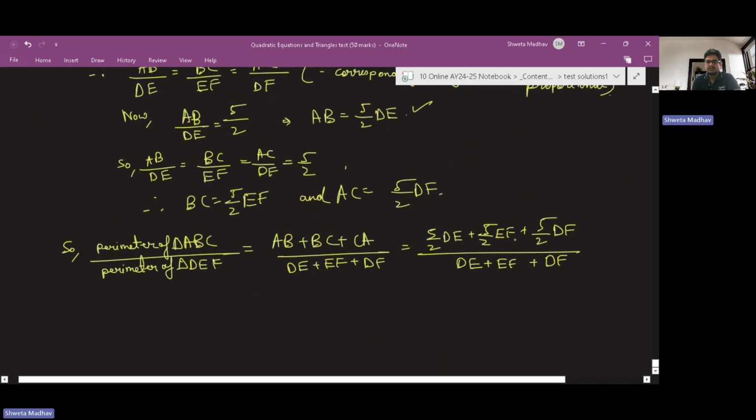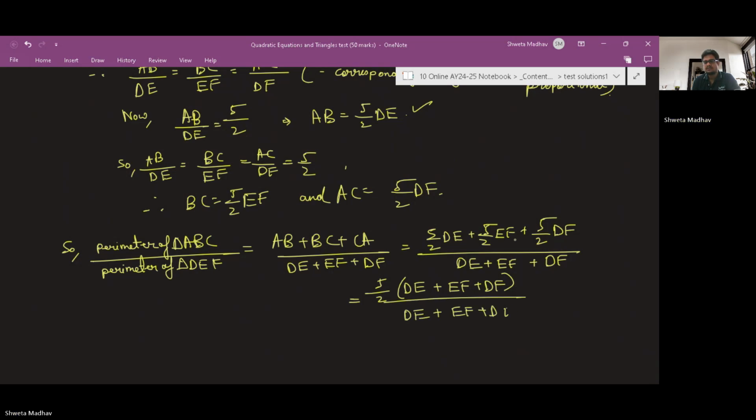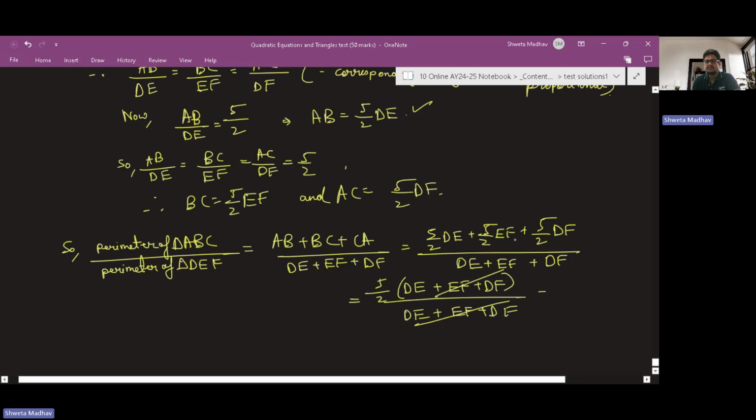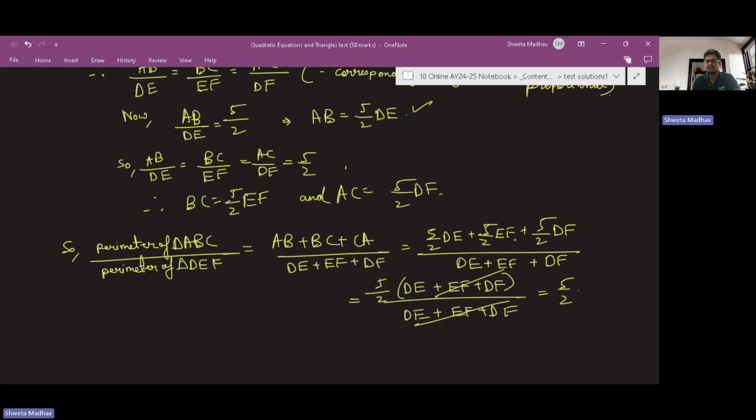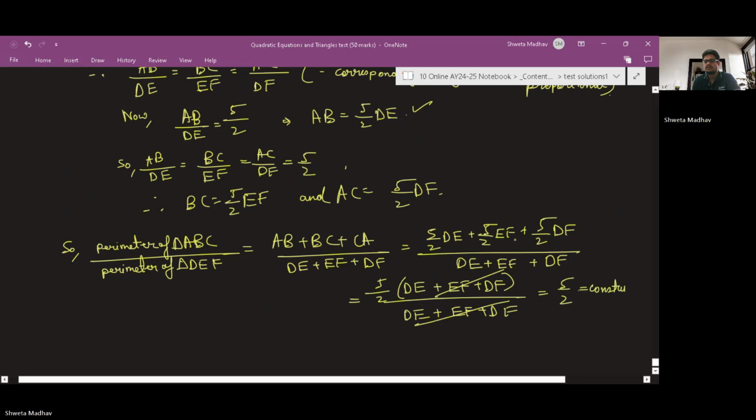So this will be equal to, 5 by 2 I can take as common from these three, 5 by 2 into DE plus EF plus DF divided by DE plus EF plus DF. So then these two will get cancelled. So that is equal to 5 by 2, which is a constant. So 5 by 2 is obviously a constant.